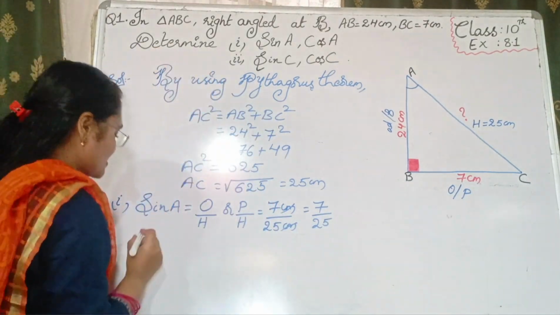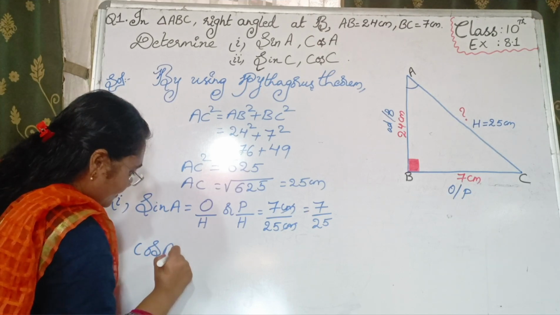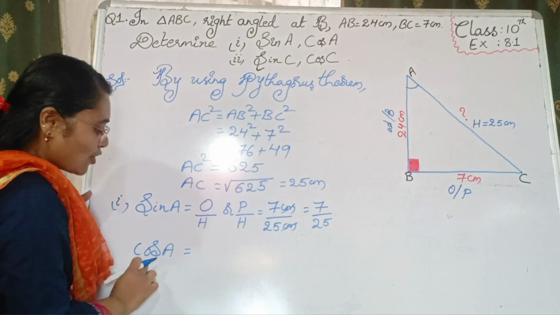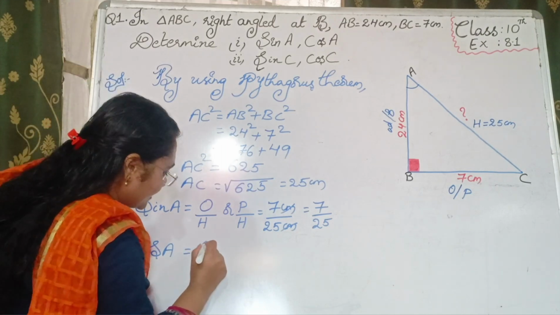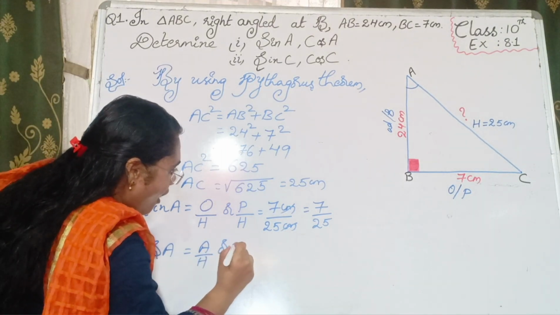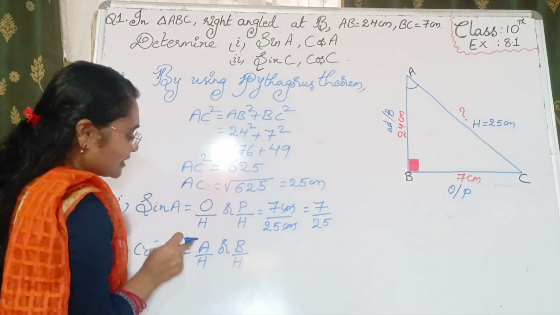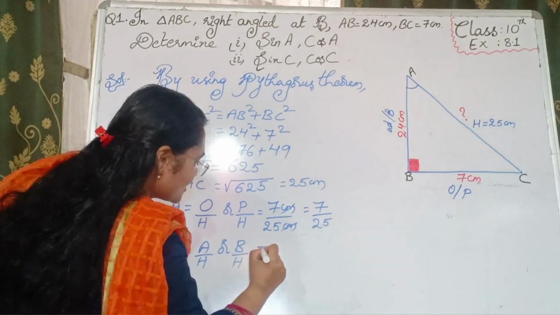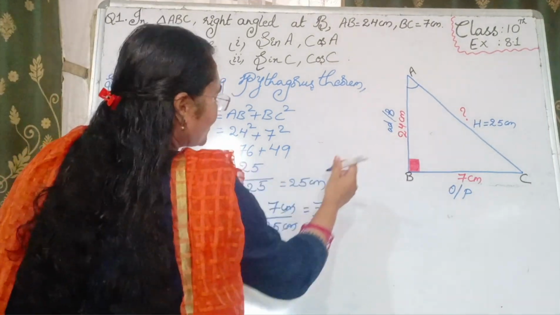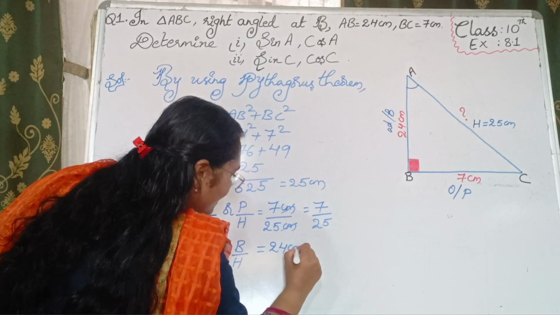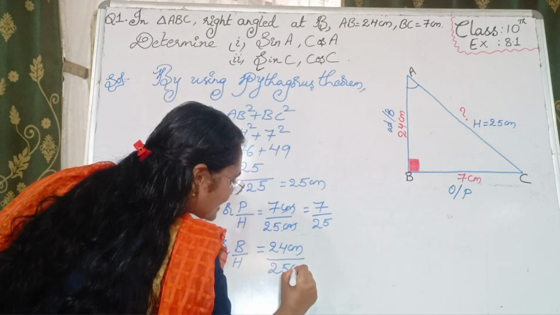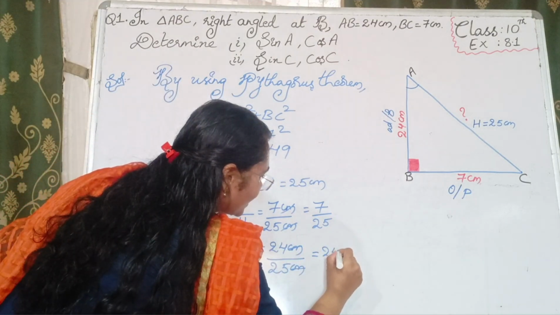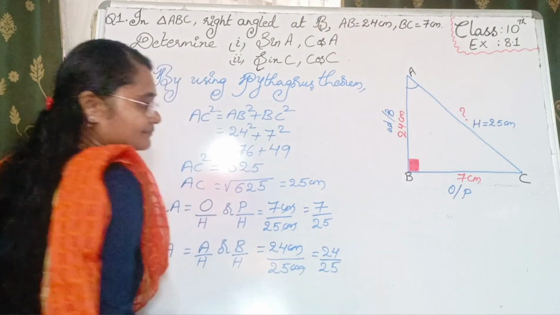Now moving on to cos A. As I mentioned in the previous video, sin A is O by H, cos A is A by H, that is adjacent side by hypotenuse, or base by hypotenuse. Here adjacent is 24 centimeter, hypotenuse is 25 centimeter. Centimeter gets cancelled. The answer will be 24 by 25.